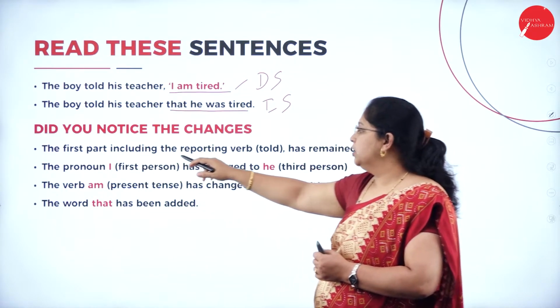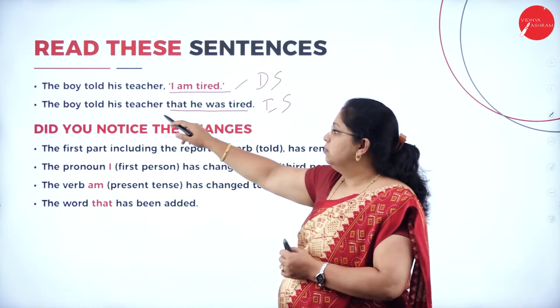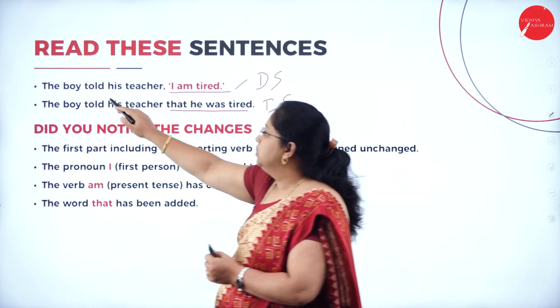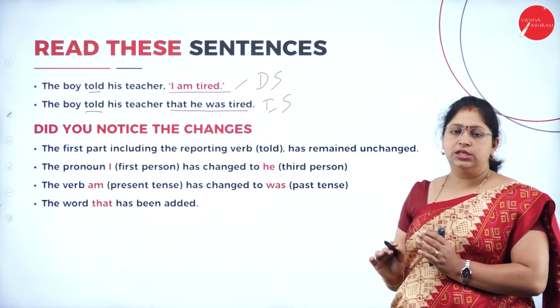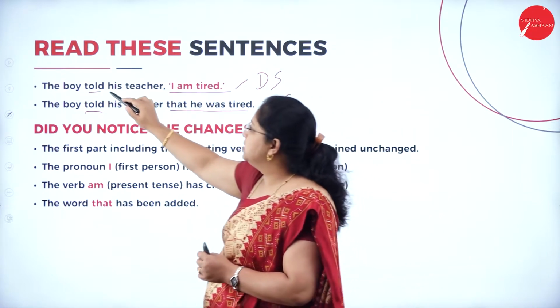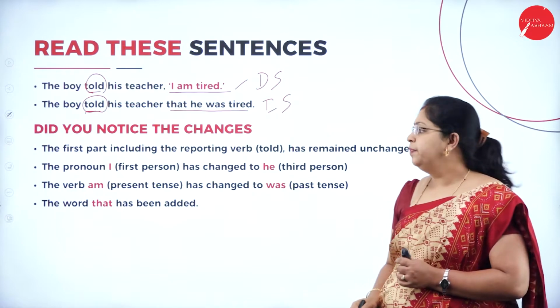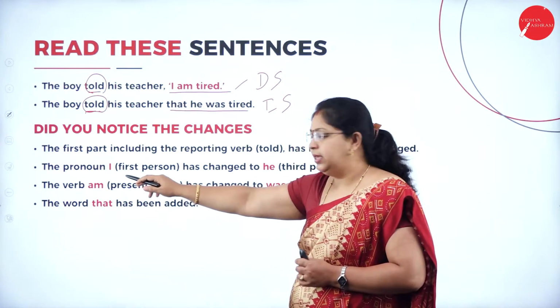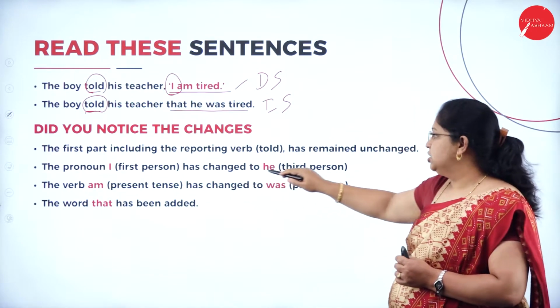The first part including the reporting verb told has remained unchanged. There is no change. In both the places it is told itself. There is no change in the verb, correct. Next, the pronoun I has changed to he.